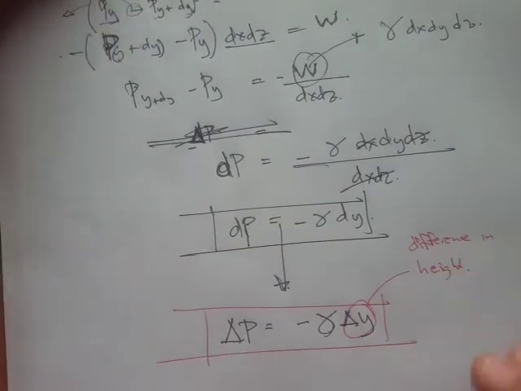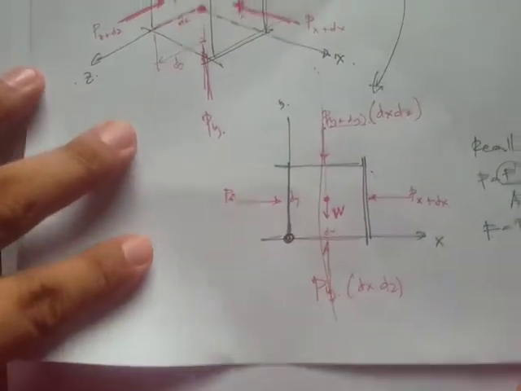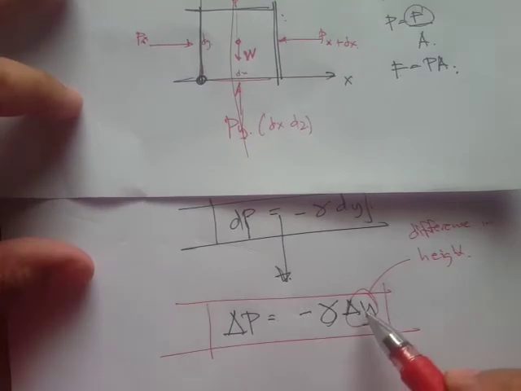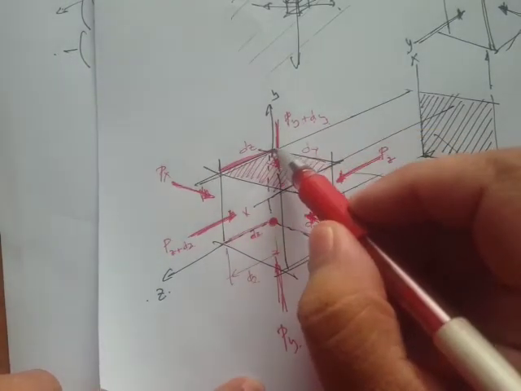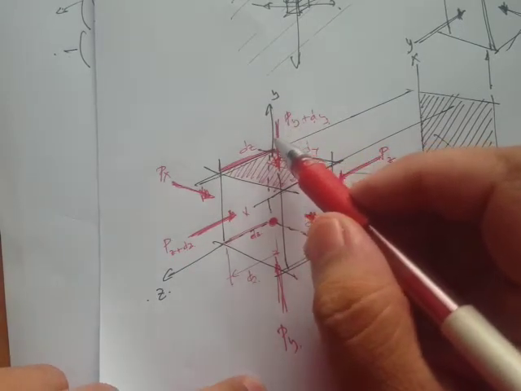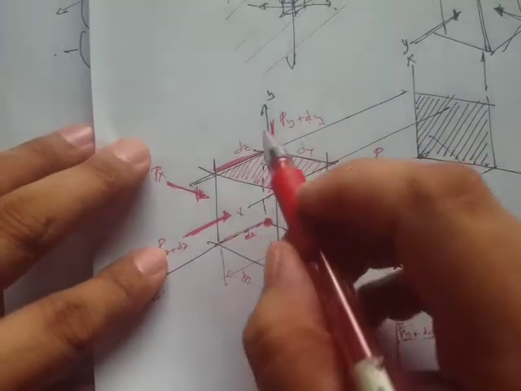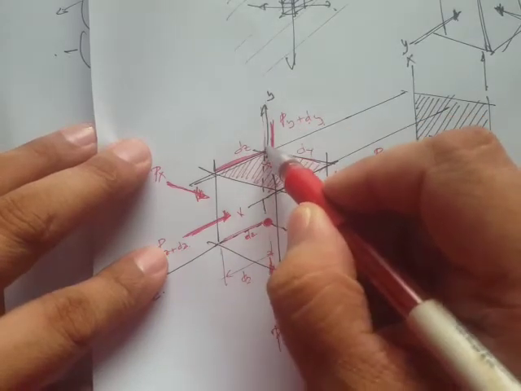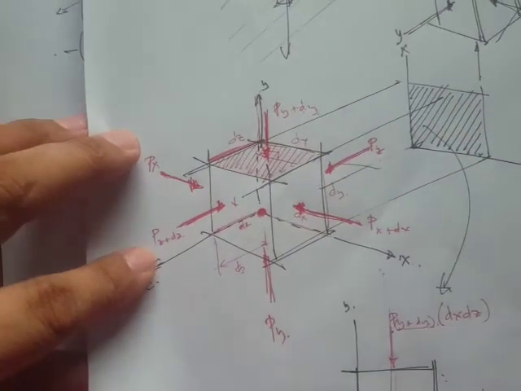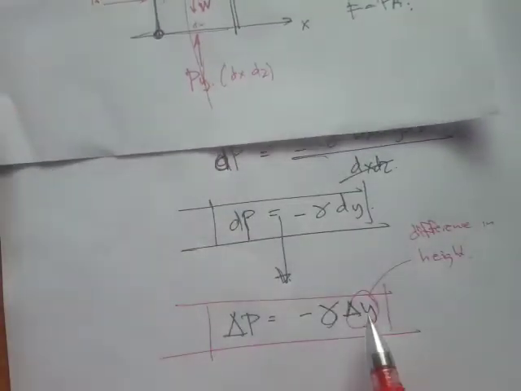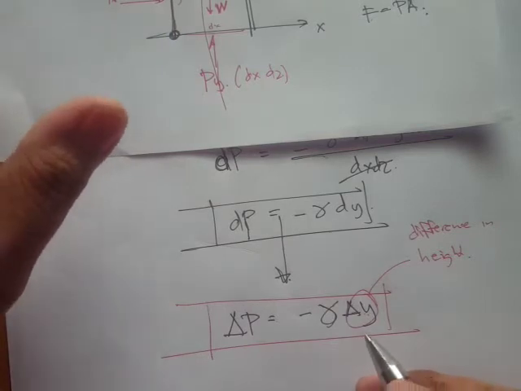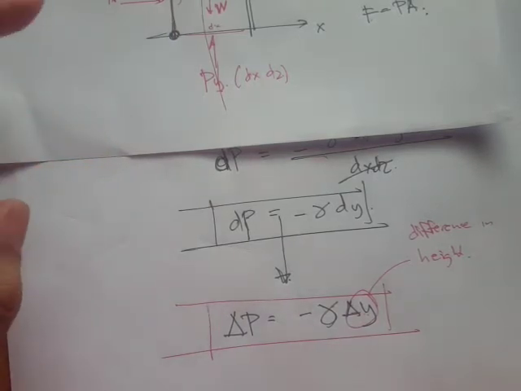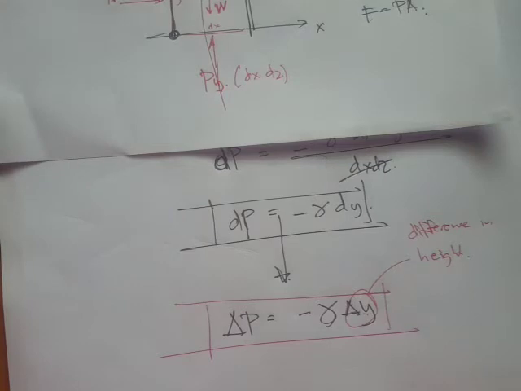That's the reason why I emphasize this, because in some textbooks you would see this delta z, simply because the coordinate system from which it was derived had the upward direction as the z-axis. But for us here, we use the y, so that's why it's delta y, or in some textbooks you just write h, or simply height.